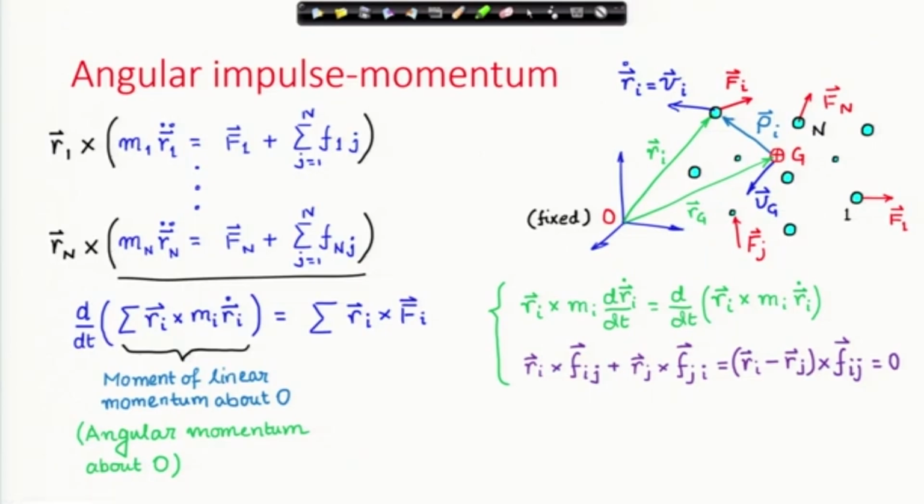On the left hand side, within the brackets, what we have is known as the moment of linear momentum about O. You can check that m_i r_i dot, this term, is nothing but the linear momentum of the ith particle, indicated by G_i vector, and so we have r_i cross G_i vector. So, this is the moment of linear momentum about O, because all these position vectors are being measured from the origin of our coordinate system.